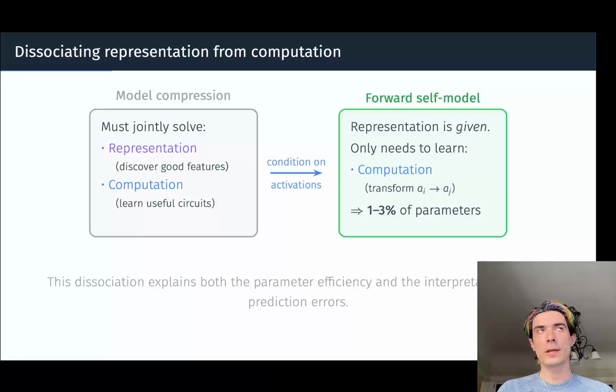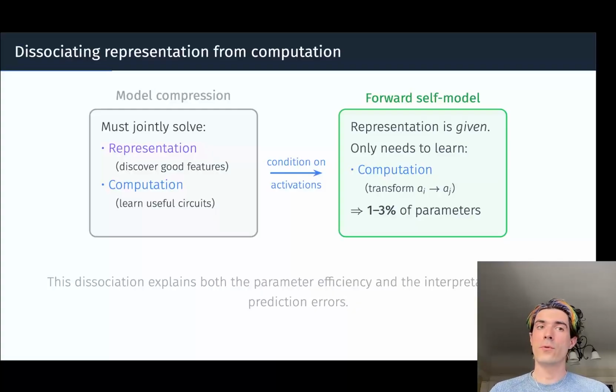So the reason that we're interested in this sort of problem is that, broadly speaking, in order to solve any given task, I think you could probably argue that neural networks must do two things, one of which is discovering good representations that compress the data that they're dealing with, and two is performing computation with those representations, learning useful circuits.